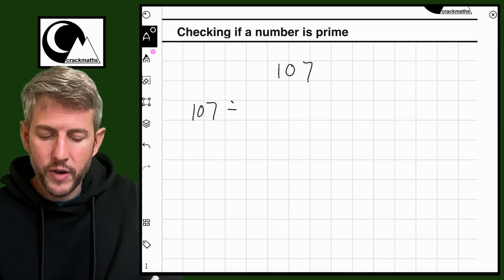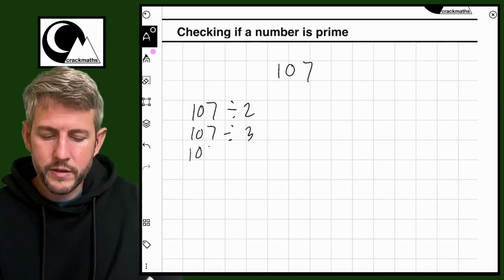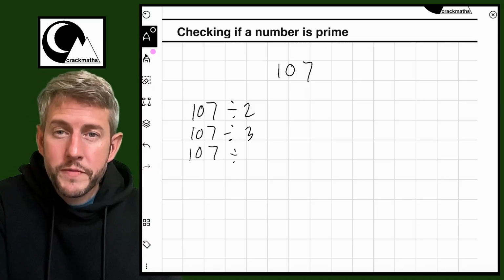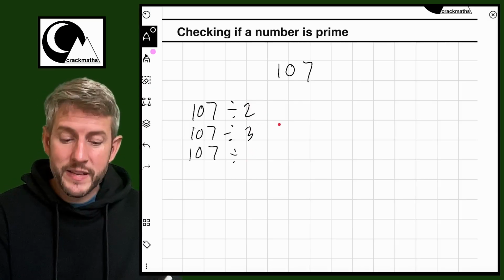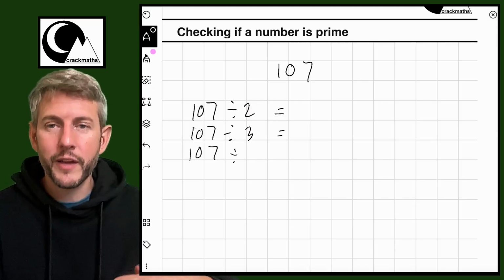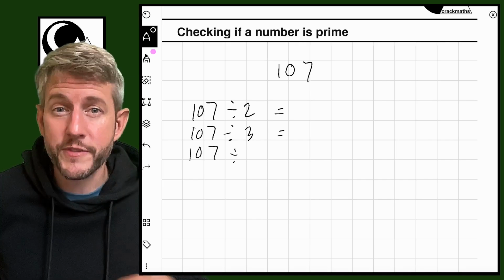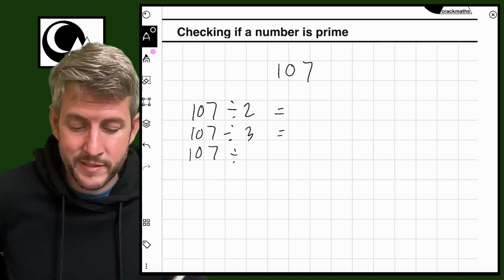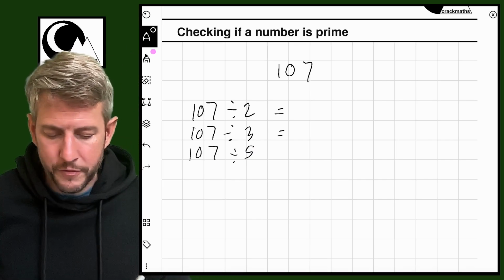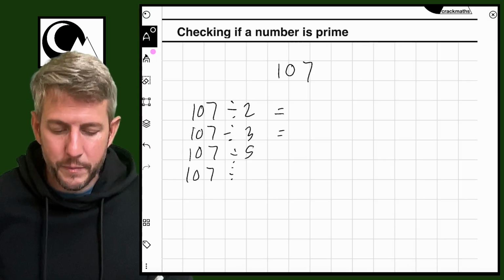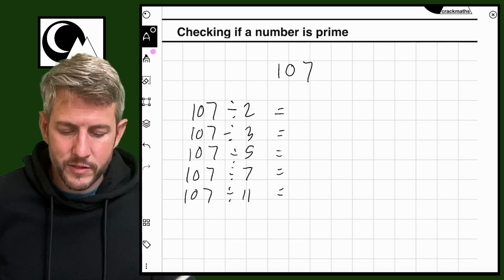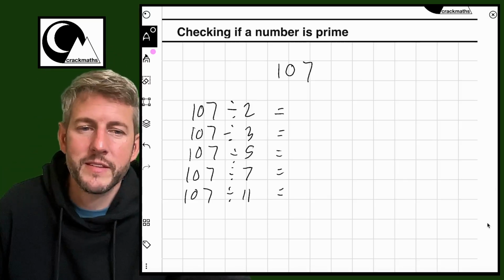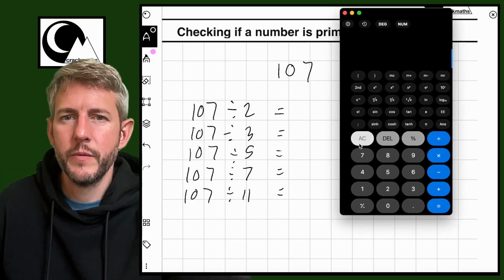So 107 divided by 2, 107 divided by 3, 107 divided by 5, 107 divided by 7, 107 divided by 11. Right, let's try these numbers to start off with and see if this is something that we can do. So here we go.